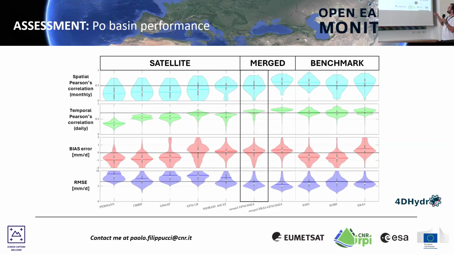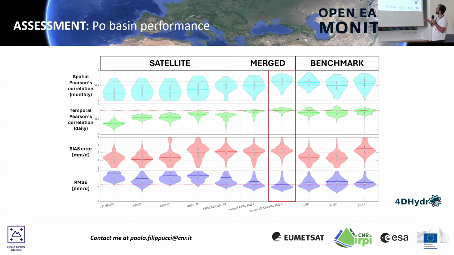We are more or less in line with the EOBS, with other gridded observed data. And if we instead put also ERA5 inside the merging, we outperform basically everything. This is for the Po River Basin, but we have similar results also in the other basins.